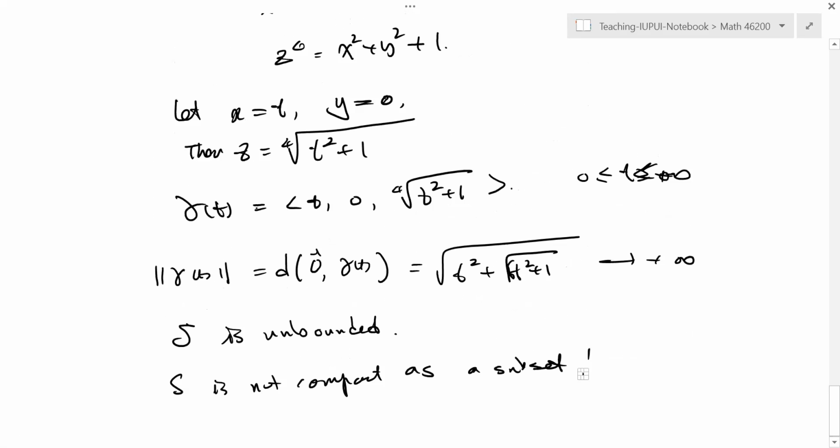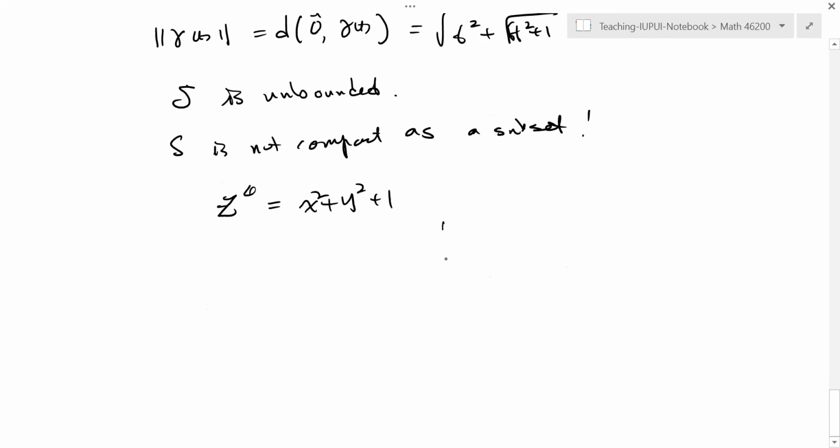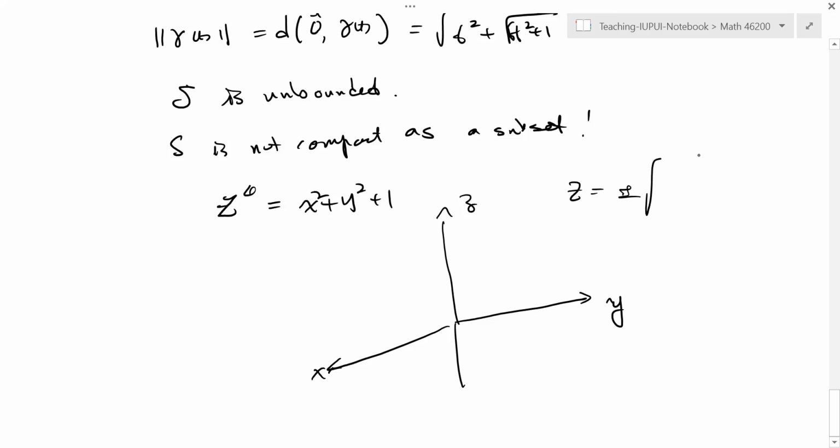And how do we draw the graph? z to the fourth power is going to be x squared plus y squared plus 1. So this is a graph, and there are two pieces here, because z is going to be plus or minus the fourth root of x squared plus y squared plus 1.